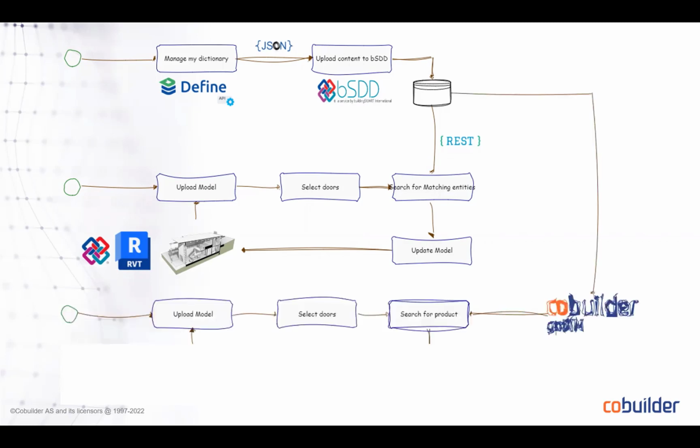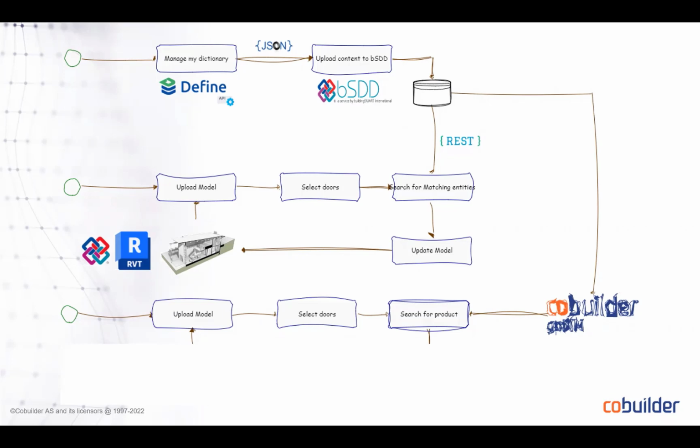Third step, in another tool or the same tool, whatever, I will again upload my model, select those, and search for a product. So in there, let's imagine I have a manufacturer catalog. Describe these products following the same definitions coming from the same source of truth, let's say, in this case bSDD. And this tool in my case is GoBIM.